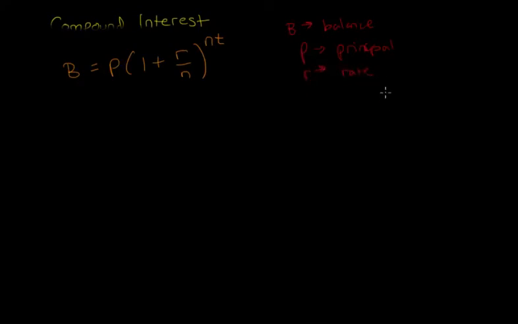And remember, that's usually written as a percent, but we plug it in as a decimal. T, of course, is time, and that's still in years. So if I say like 9 months, you plug in 0.75 because it's 0.75 of a year. And finally, the new guy on the block, N. N is the interest period.